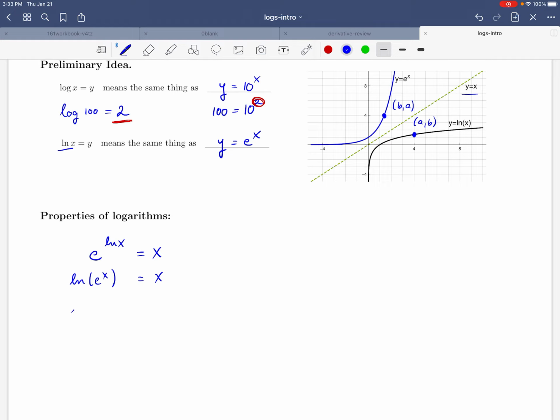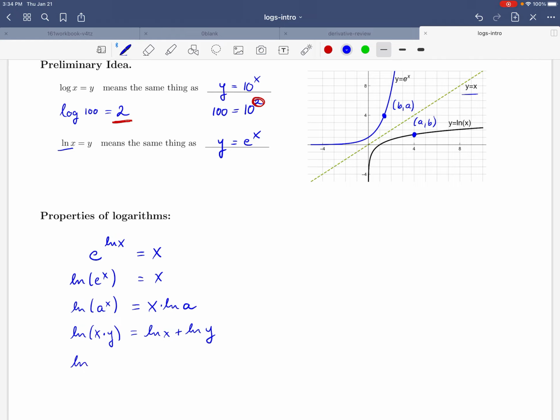Now, the ln of some other constant a to the x is equal to x times the ln of a. So you can rewrite the ln of a to the x as x times the ln of a. And the ln of x times y is equal to the ln of x plus the ln of y.